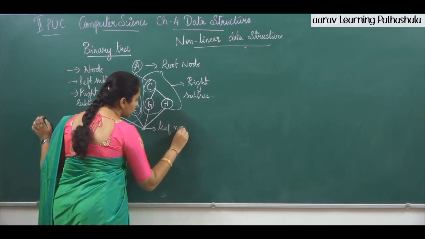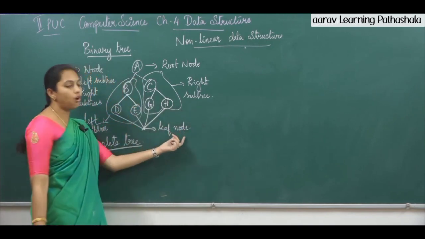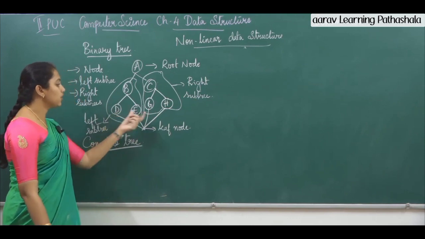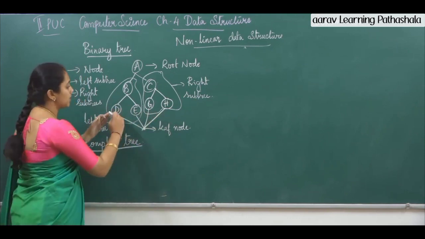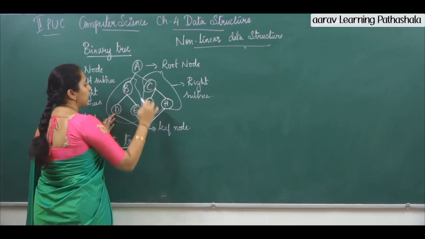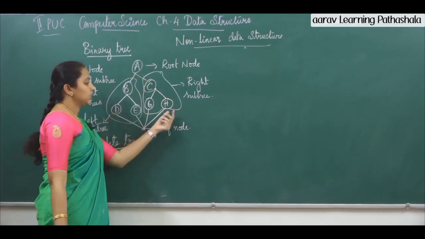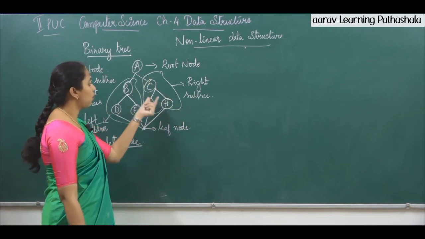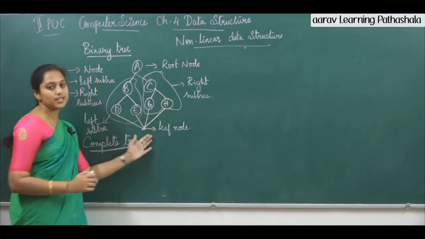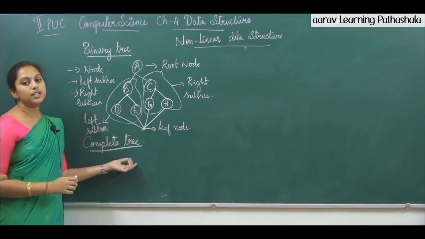The node which does not have any child is called a leaf node. So all the nodes are at the same distance from the root node. Check the length of the leaf nodes from the root node. All are at the same distance. So this type of tree is called a complete tree.